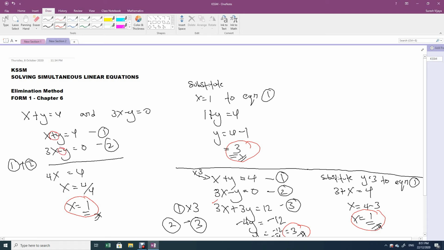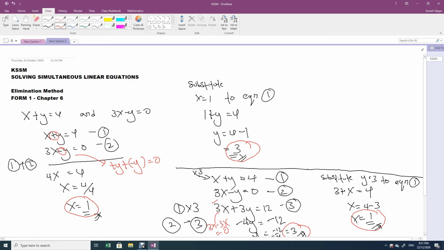Let's say both having a different sign, one having a positive and one having a negative sign. In this case you have to add, because this actually represents plus y plus minus y. So this is equals to 0. As for this, you will have 3x minus 3x. So this is equals to 0.